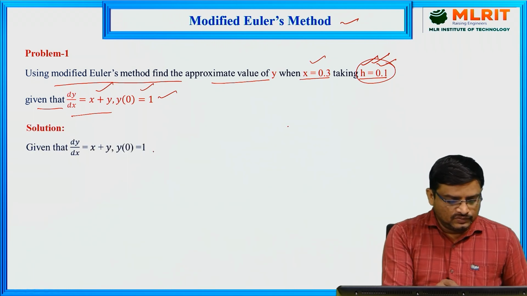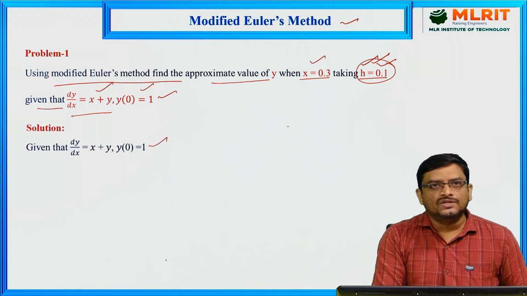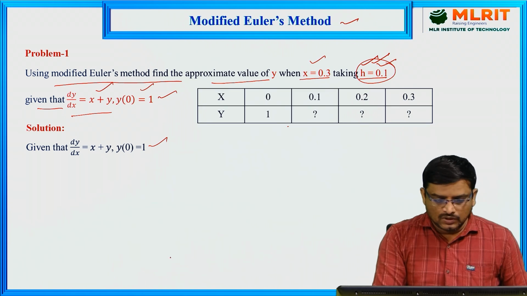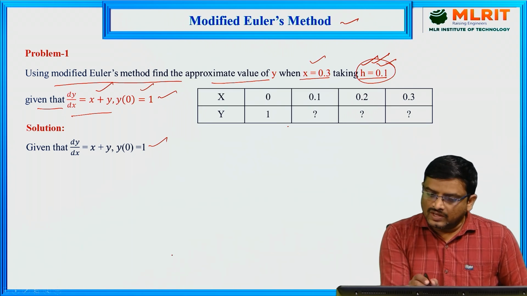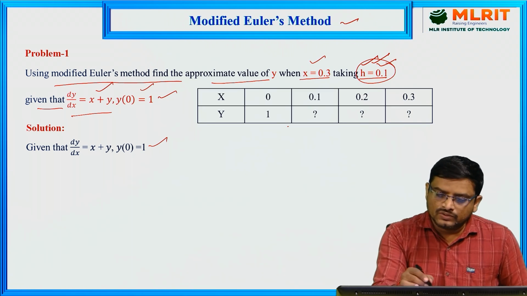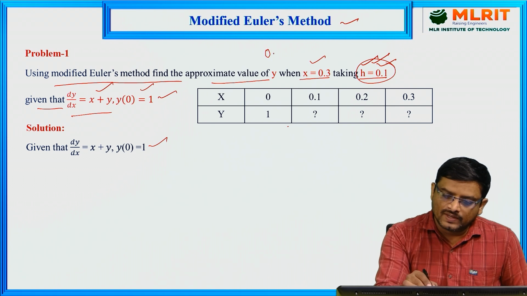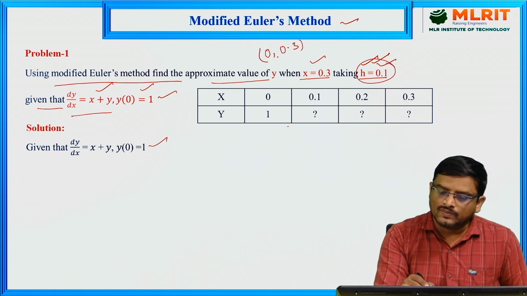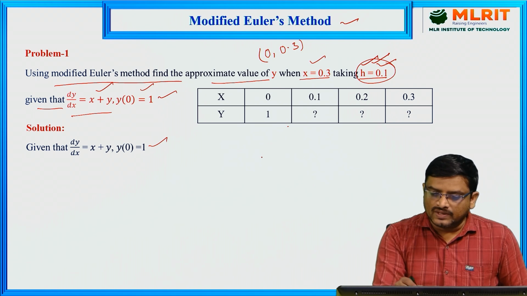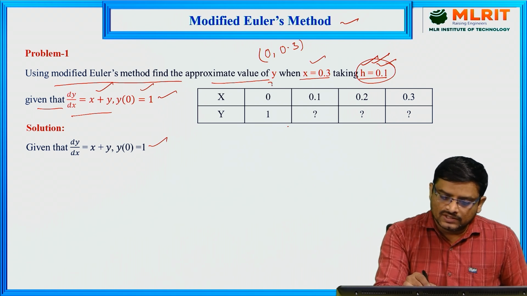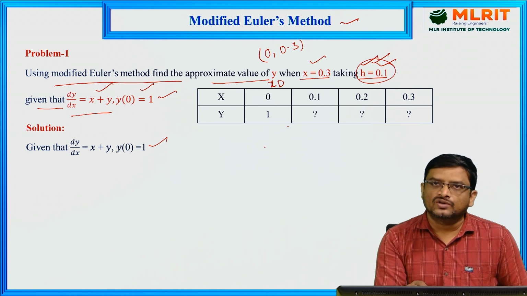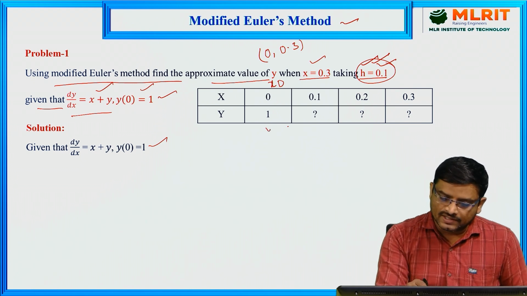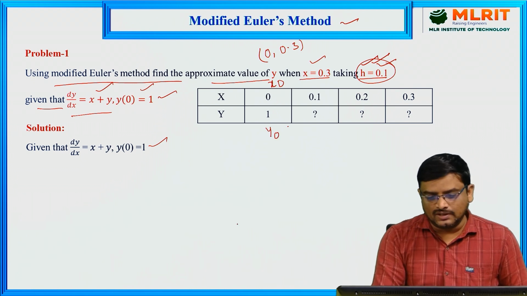Now this is the given differential equation with the initial condition. As we discussed, we are going to divide the interval 0 to 0.3 into subintervals. Whatever initial condition he has given, you replace the initial x with x naught, and its corresponding y value is y naught.